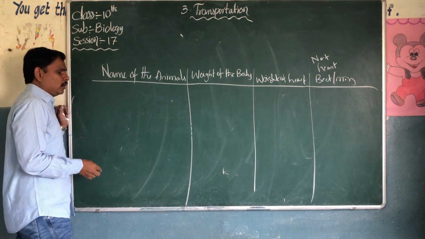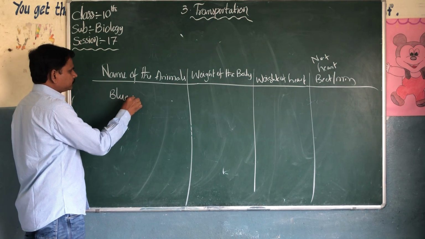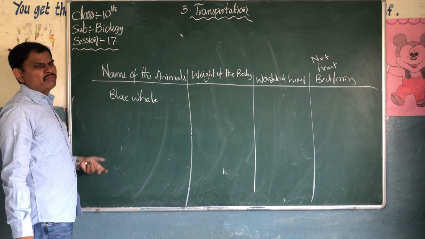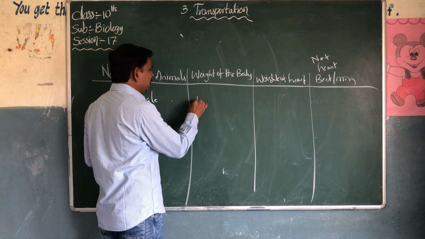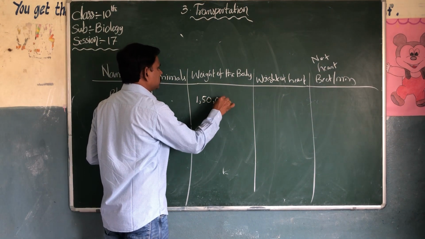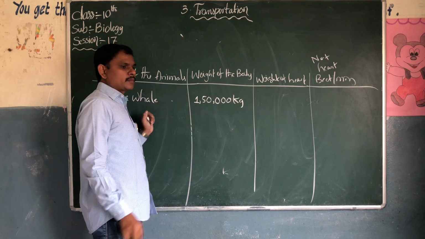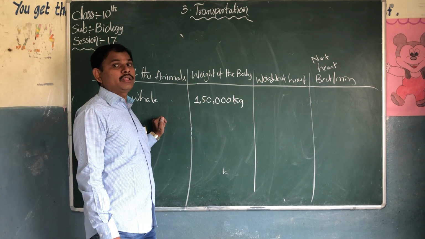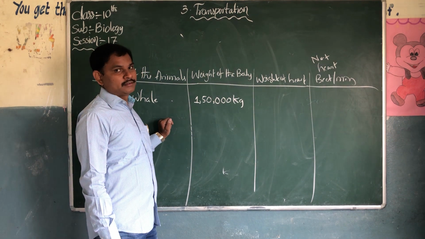For example, take the blue whale. The blue whale is a very big, heavy aquatic animal, around 1,50,000 kg on average, 150 tons.